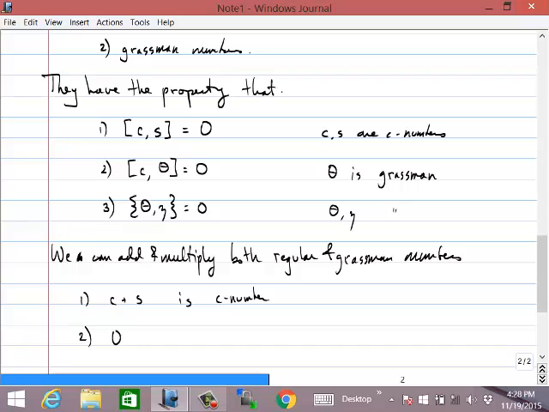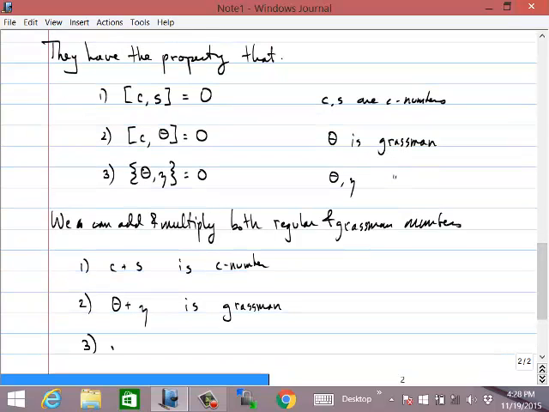If you add together two Grassmann numbers, you get a Grassmann number. I'll just call it Grassmann, just so I don't have to keep writing the word. And finally, you're not allowed to add together a Grassmann number and a C number. So there's only two kinds of numbers, C numbers and Grassmann numbers, and there's nothing in between.